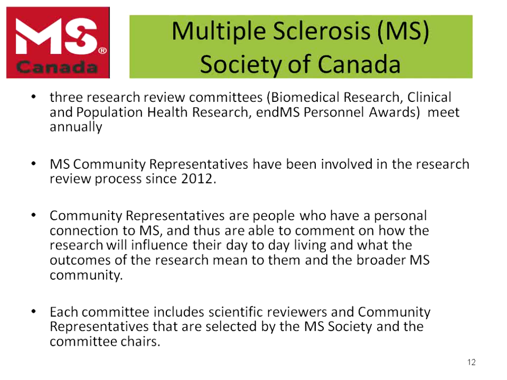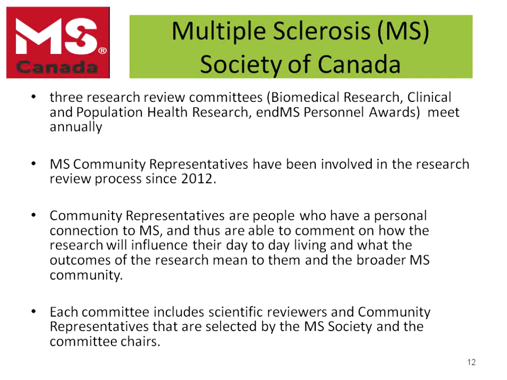A second example will be the MS Society of Canada, Multiple Sclerosis Society of Canada. This society has 3 research review committees, biomedical research, clinical and population health research, and personnel awards, and they meet annually. They also have community representatives that have been involved in the research review process since 2012.